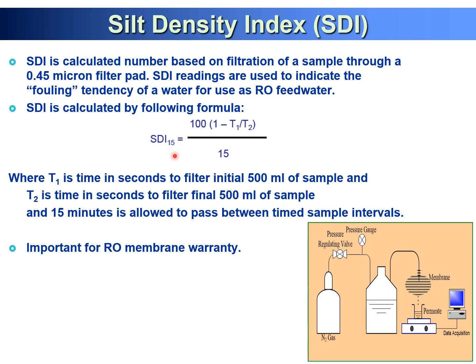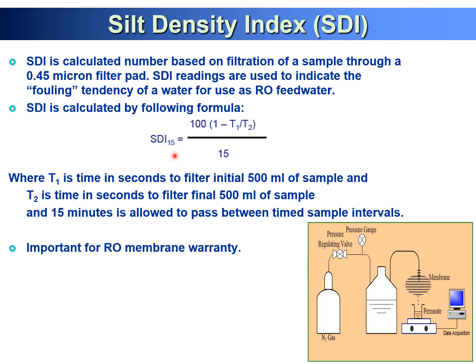So this SDI is important when you have an RO membrane warranty. If you have a high SDI, very bad water quality, it will cause problems for your RO membrane and pretreatment.